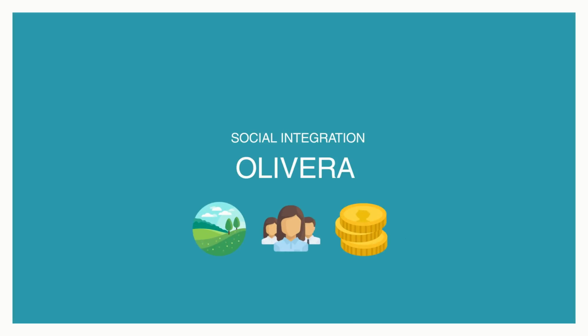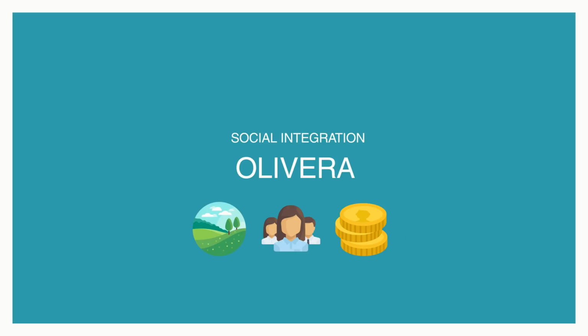Therefore, it is necessary to identify the key activities of our social business, those through which we guarantee the added value of our project. We'll see now the case of the social business L'Olivera, a non-profit cooperative whose mission is to generate social integration through the development of a project linking land, people, and productive economy.